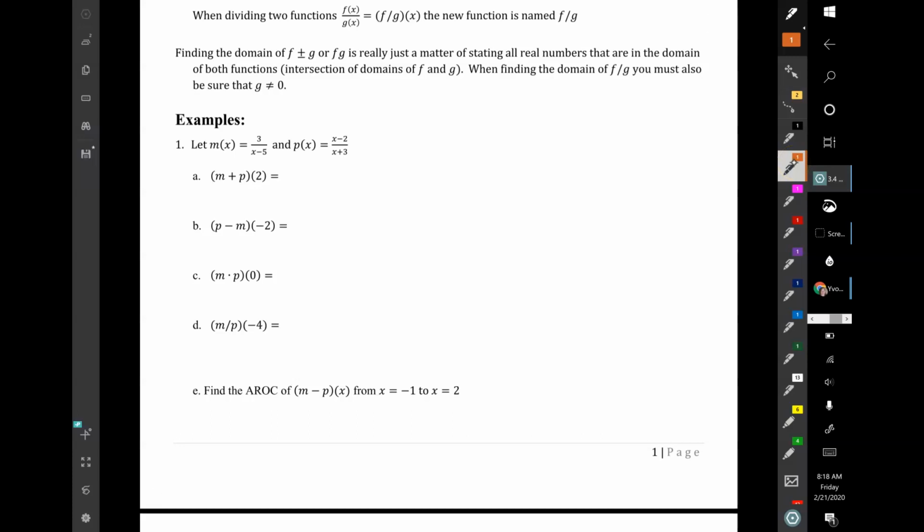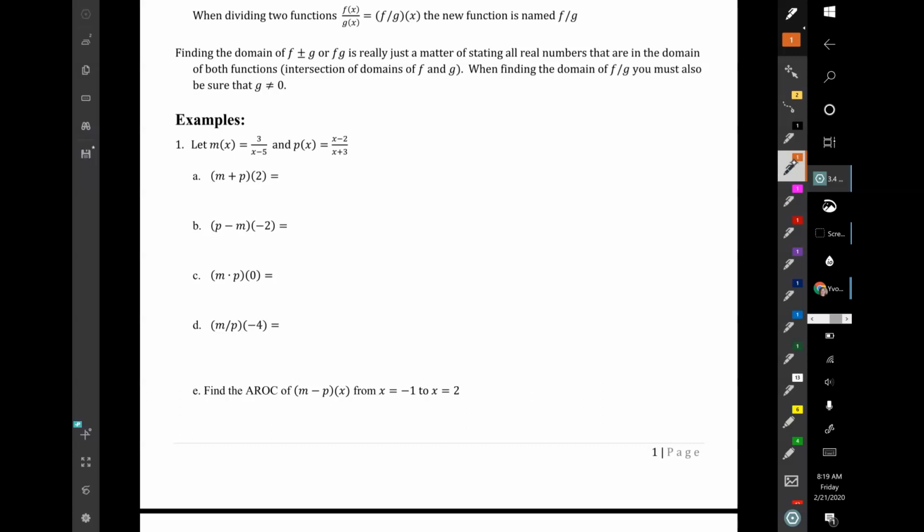Okay, so for examples, we have let m of x equal 3 divided by x minus 5 and p of x equal x minus 2 over x plus 3. I think this is going to give you some good fraction practice. That's why I chose this, even though it's optional and we can plant seeds. I think it's reviewing some good skills and reinforcing what functions are.